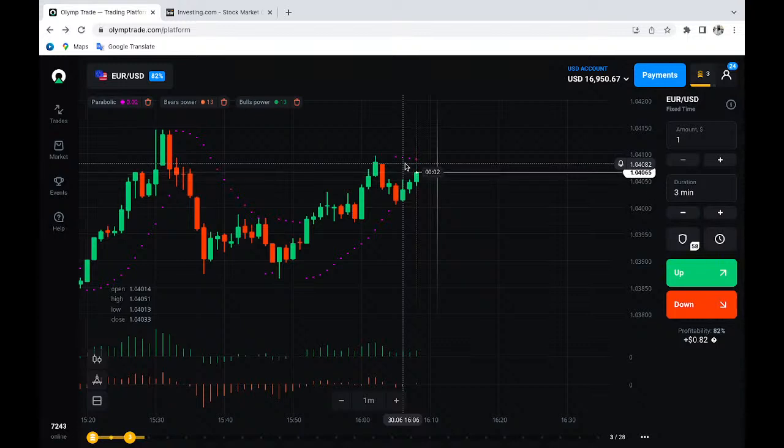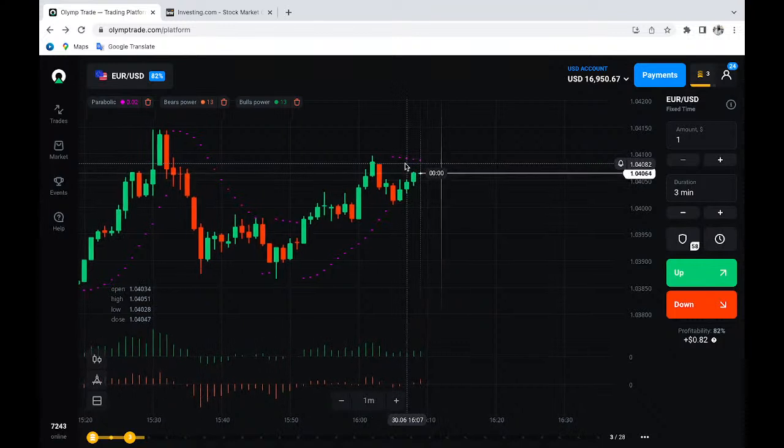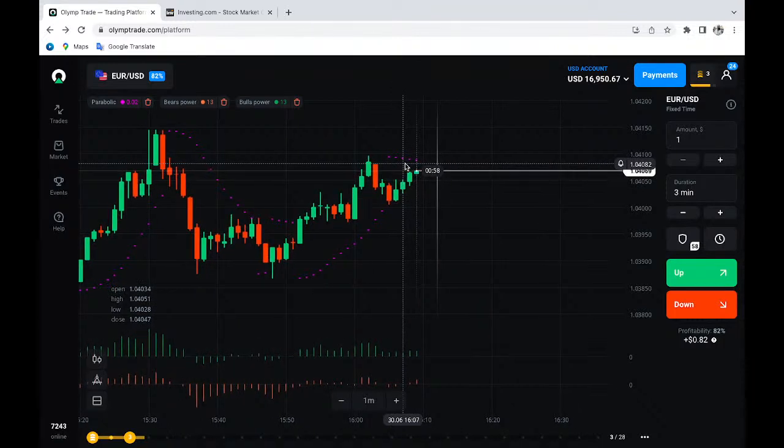Now we have to get confirmation from the bear power and the bull power as well. If it's a downtrend, we need bear and bull power below zero. Why below zero? Because whenever the bear power is below zero, it means the downtrend is strong.